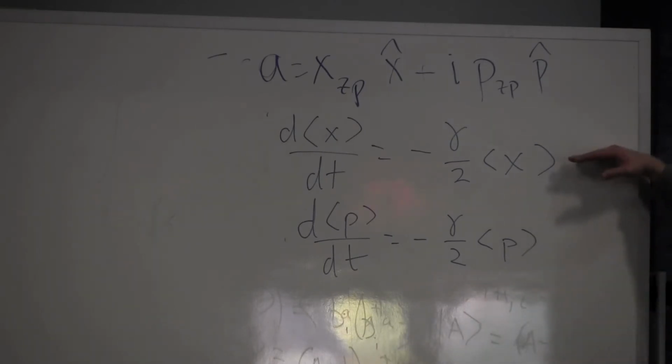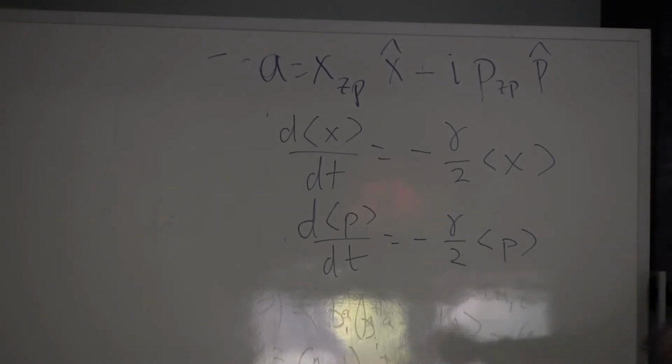I found that a little confusing when I first saw this kind of open system stuff. It's not just an object bouncing around through some fluid which is at rest, so there are slightly different mechanisms.